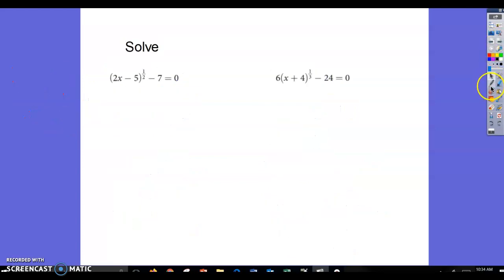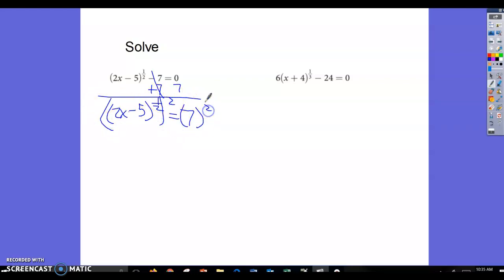All right, let's look at a couple with rational exponents. These work pretty much the same way. First thing we need to do is isolate the exponent. So we're going to have 2x minus 5 to the 1/2 power. That equals 7. If I square both sides, 1/2 times 2 is 1, so this will cancel just like it does with the square root.